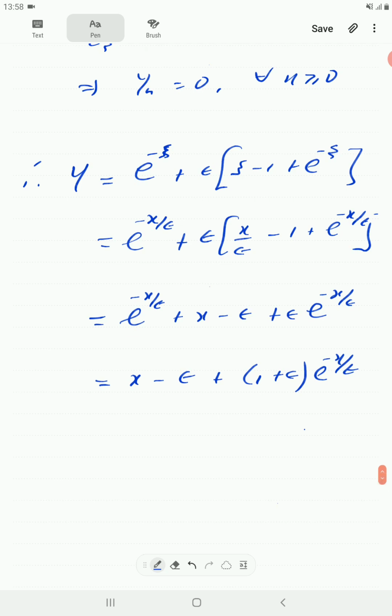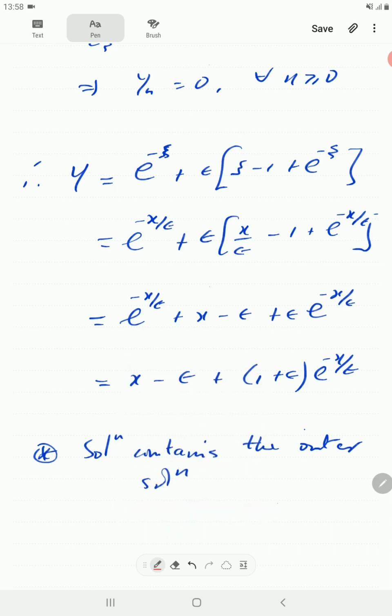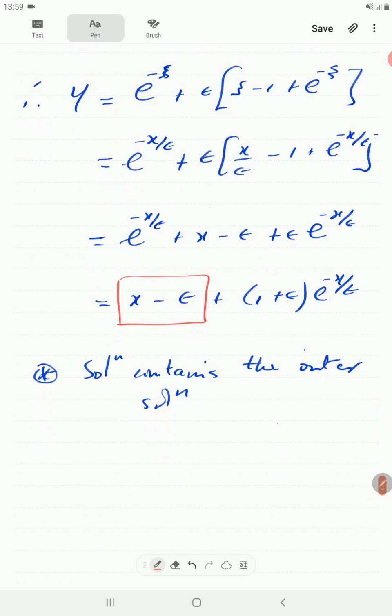There are two things worth noting here. The first one is that this solution actually contains the outer solution that we derived earlier. So you're going to recall that we found the outer solution to be x minus epsilon, so that is part of the solution.